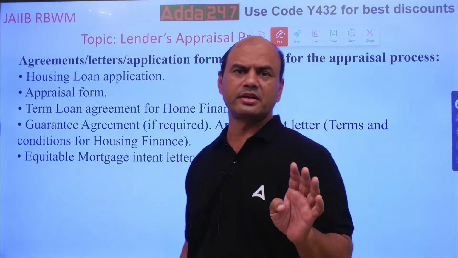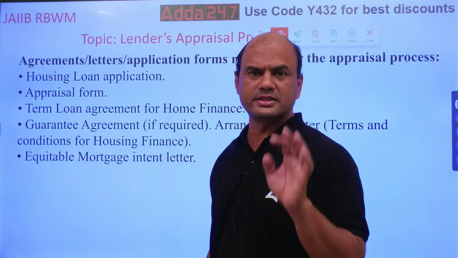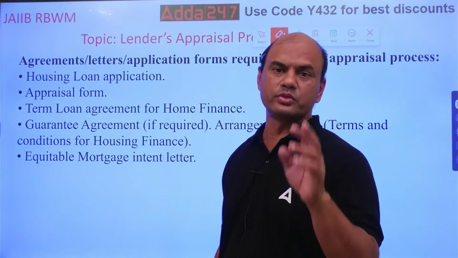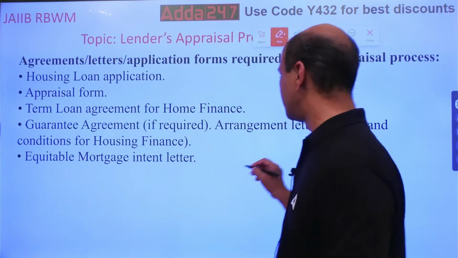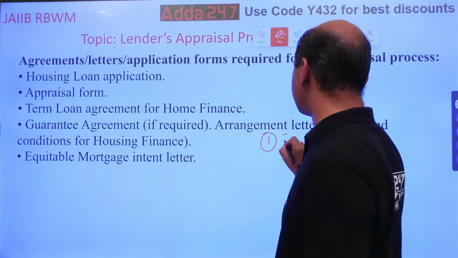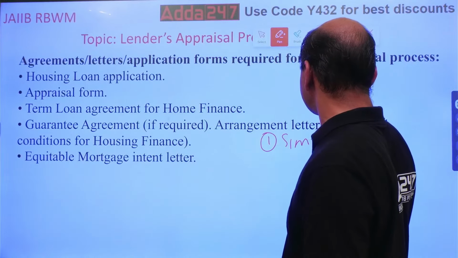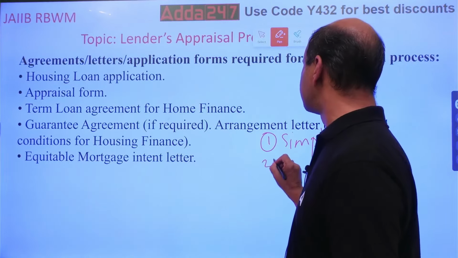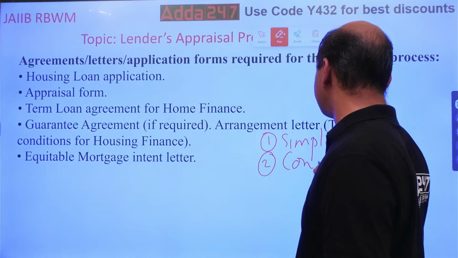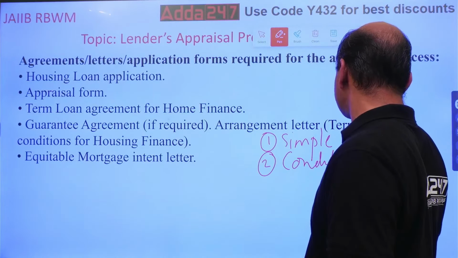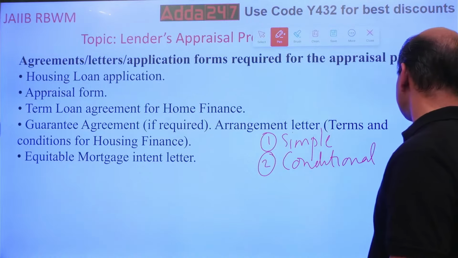Simple mortgage, conditional sale, and third one is usufructuary. One is simple mortgage. Second is conditional sale.